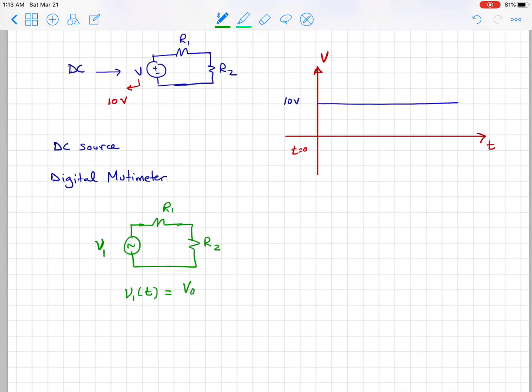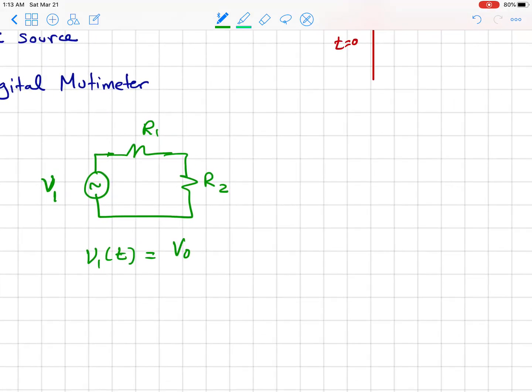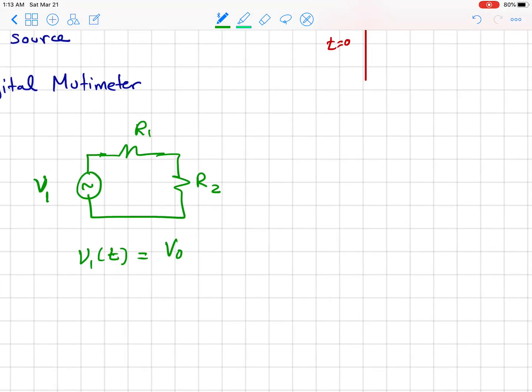So it's not going to be constant. It has a constant magnitude. And let's assume it's a cosine function. V naught cosine of 2 pi times f t plus theta.